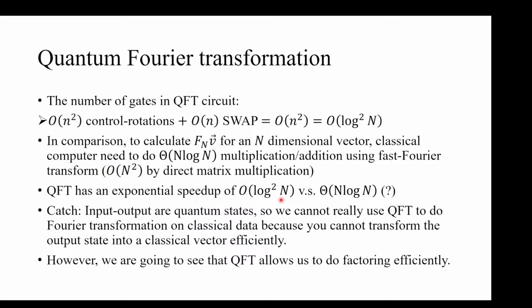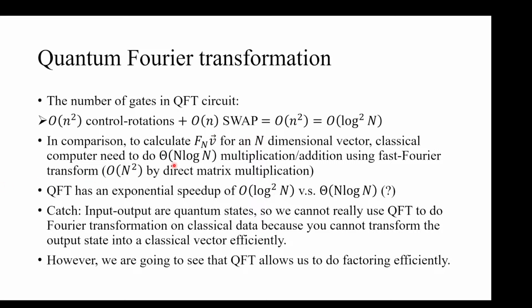But there is a smarter way called the fast Fourier transform, and you only need order N log N multiplications and additions. This is actually the best you can do using a classical computer when you try to do a Fourier transform.